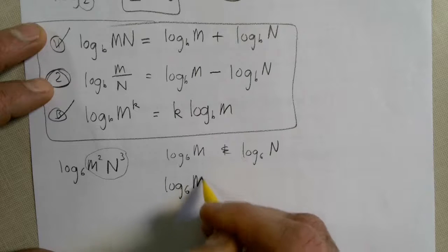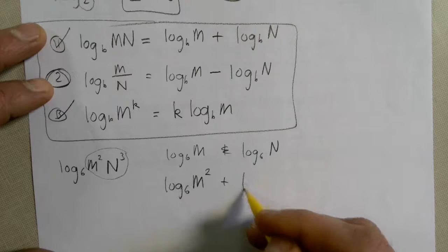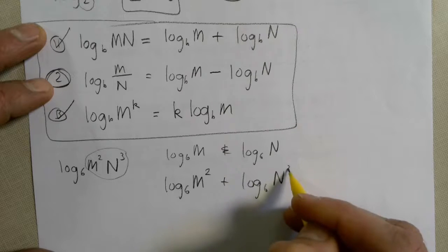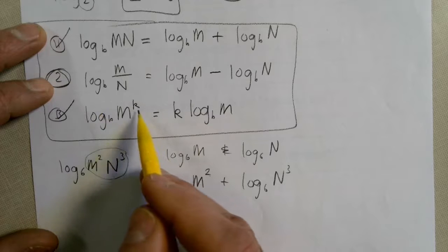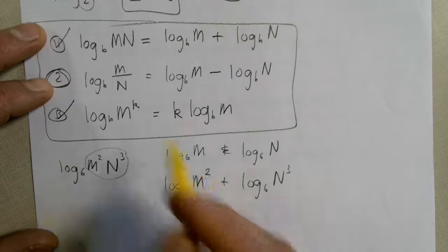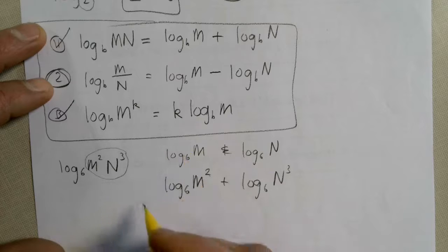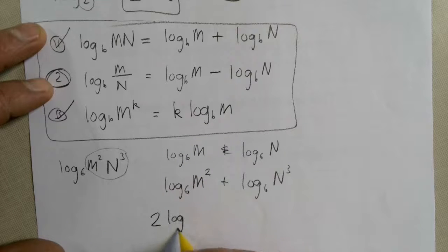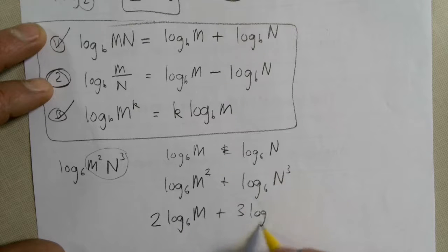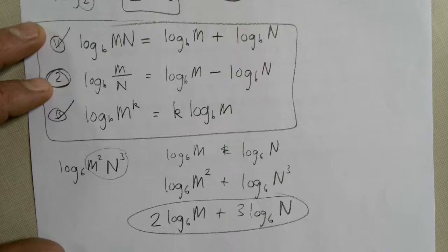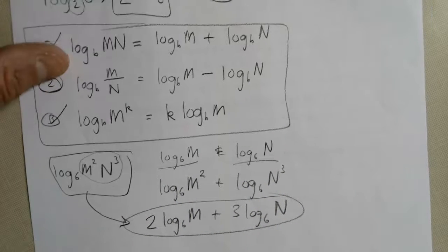So log base 6 of m squared plus log base 6 of n cubed. But we've got to get rid of these powers, so we're going to use law number 3. When you have a power, it just multiplies. So we're going to do 2 times the log base 6 of m plus 3 times the log base 6 of n. And that's the answer we're looking for. We expressed this in simpler terms of log of m and n. Let's do another one.